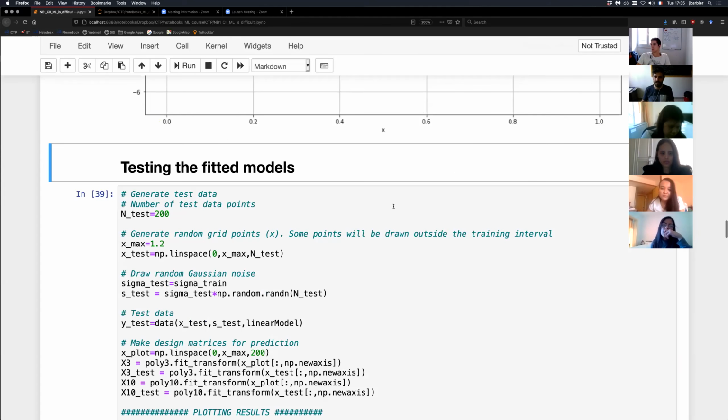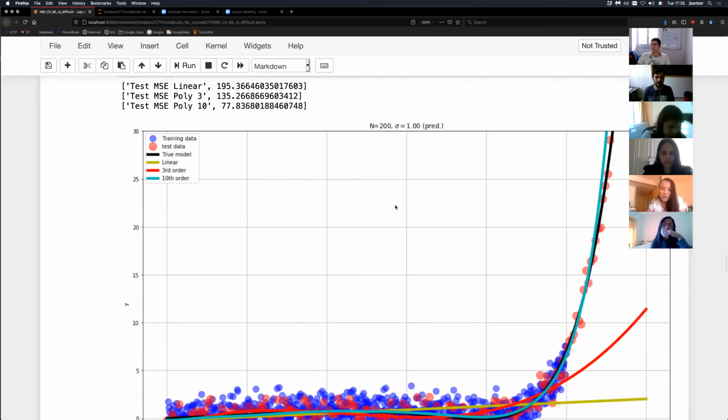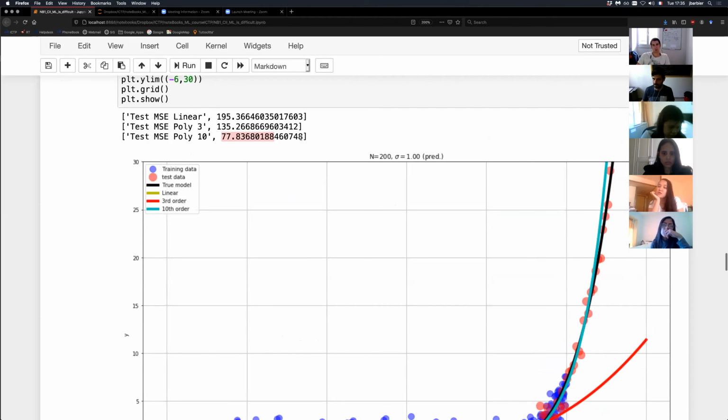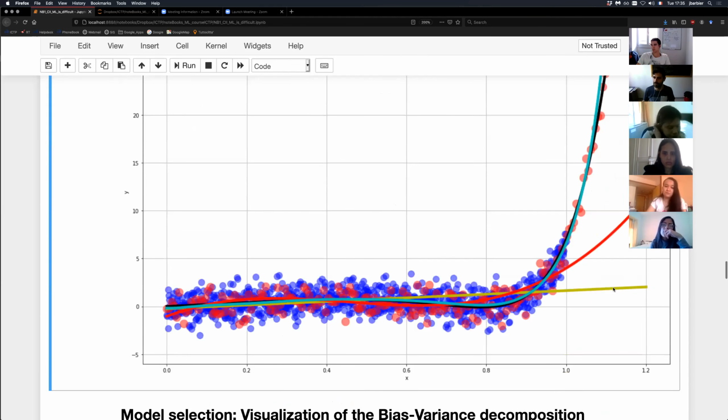Let's see if it predicts well. Okay, in this case, you see we have enough data. Given the amount of noise in the data, we have enough of it to average out the effect of the noise. Okay, at least in this range, up to 1.2.